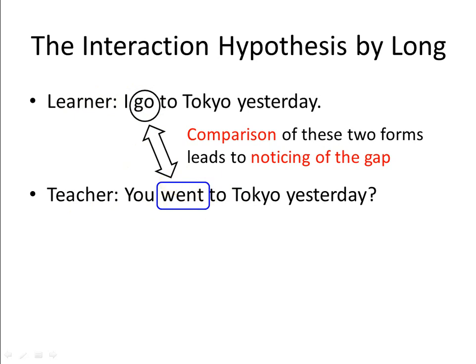And the learner compares go and went, these two forms, and this leads to the noticing of the gap. So the gap between the learner's English and the teacher's English. So there is a gap, obviously. And it is important to notice the gap for second language acquisition to take place.